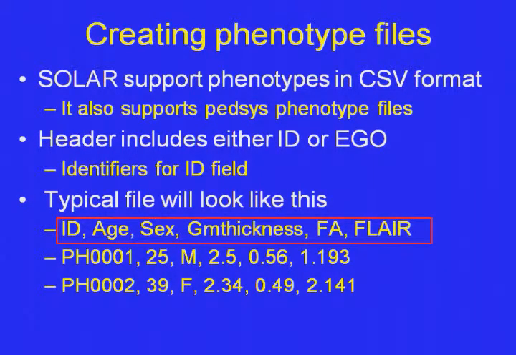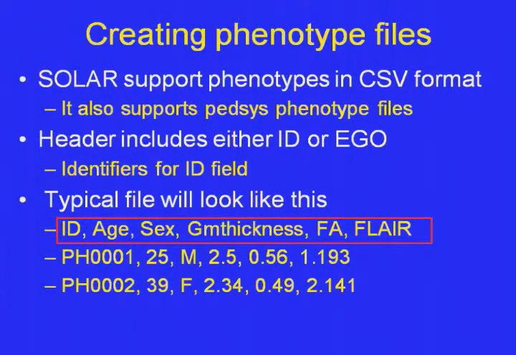A header must include either an ID or EGO field, because that identifies it as the ID field. There could be difficulty with Excel if your first column is called ID because it assumes that it's some obscure data format and might actually refuse to load it. Yeah, it's a known Excel bug.